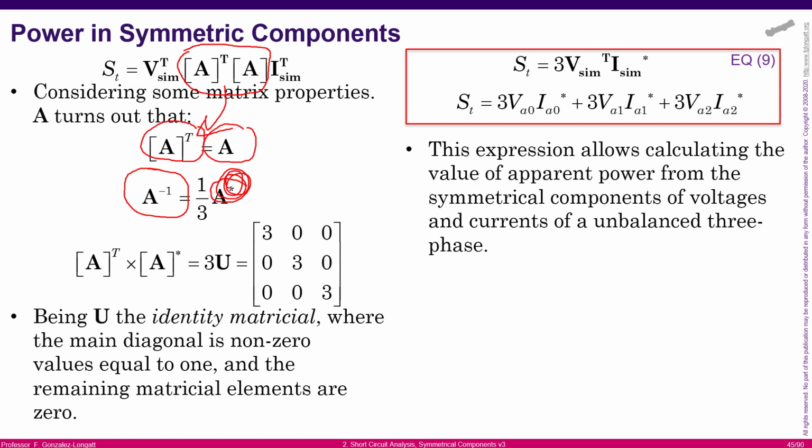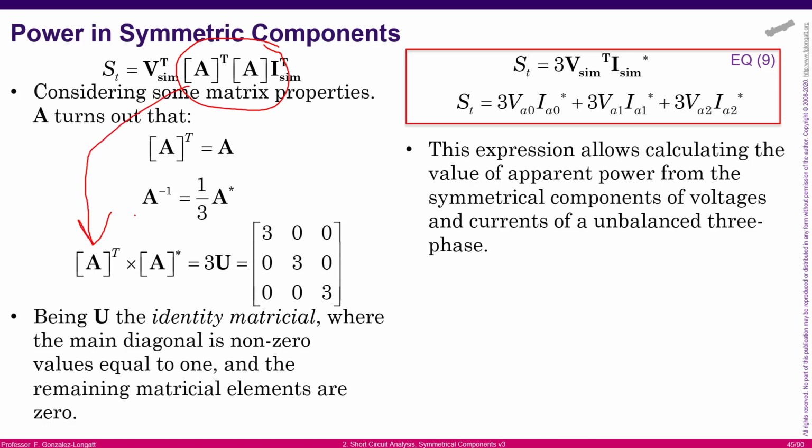Remember, this symbol here is the conjugate, a third of the conjugate of the matrix A. Then, when we create the product, remember we are interested in this product. When we run the mathematical operation, wow, beautiful. This product means 3 times the identity matrix. That means 3 here, 3 here, 3 here in the identity matrix.